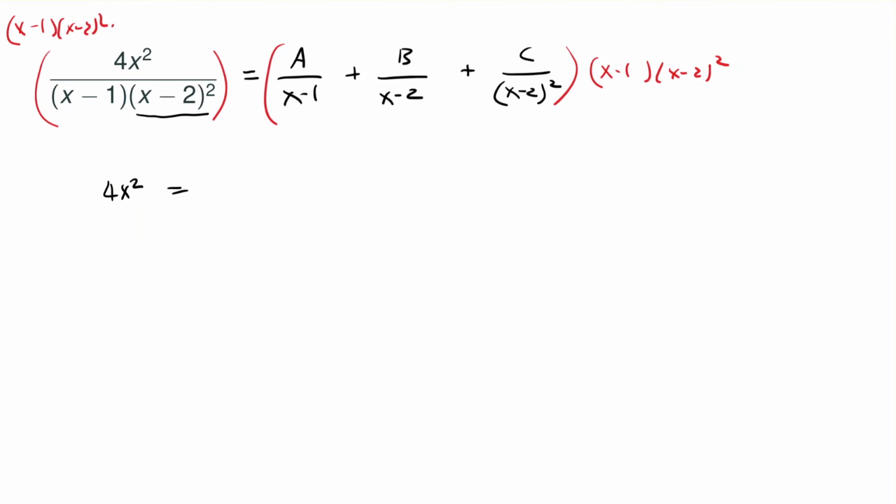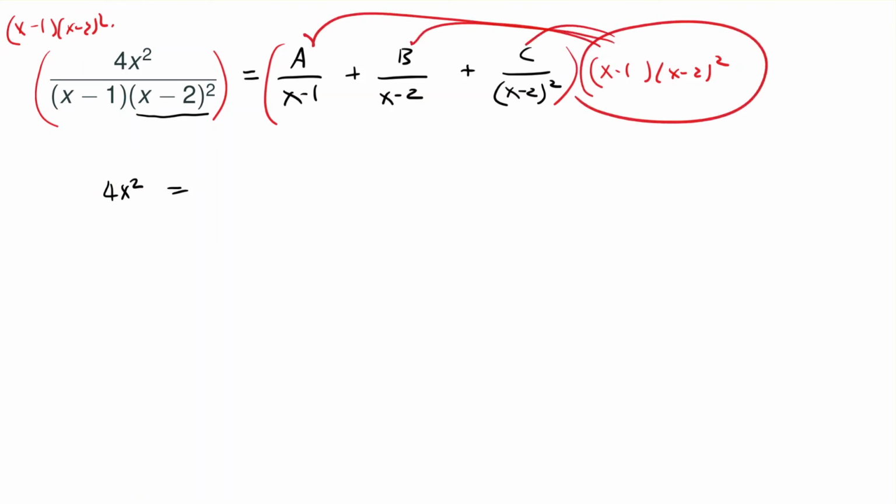Equals, now let's look at when we distribute this here, here, and here. Well, for the first one, just x minus 1 cancels out, right? So we only have a times x minus 2 squared. So I'm going to write that right here. For the second one, when I multiply this to here, x minus 1 doesn't cancel out, so we have to keep that.